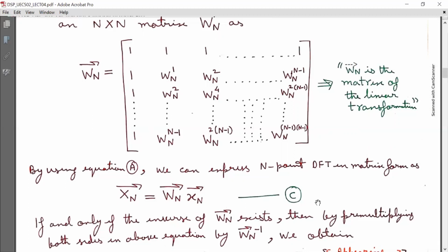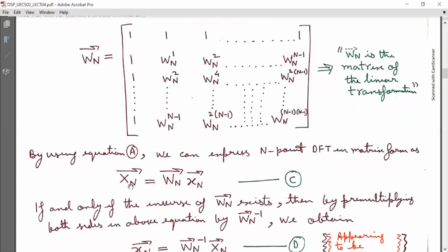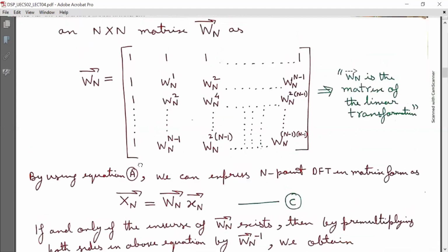We mark it as equation C. And in this way, we can calculate DFT in matrix form. And here, this vector is having different values. Here, the elements of the capital X vector are different sample values in the frequency domain.